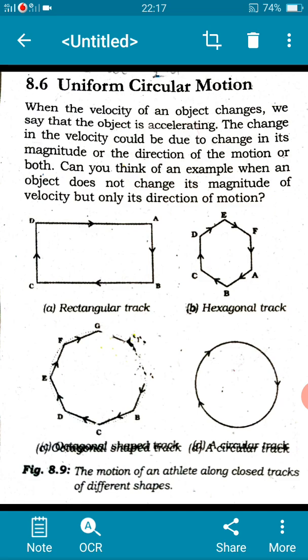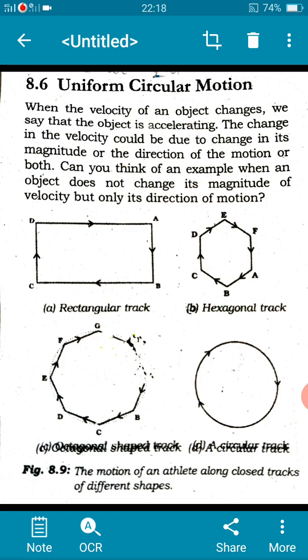But in order to keep himself on track, he quickly changes his speed at the corners. And how many times does the athlete have to change his direction of motion to complete one round? It's very easy. How many times? 4 times. But is that clear? In the second one you see, it's a hexagonal shape.